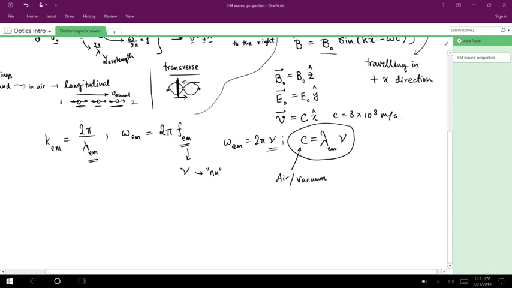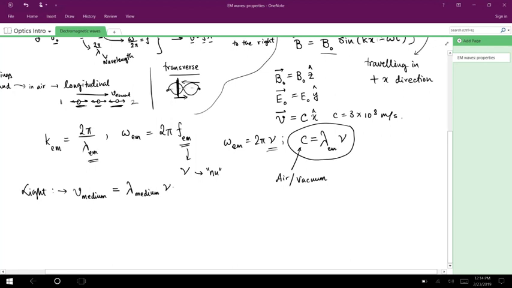And when light slows down, we're going to use a different notation. We're going to say v medium for light, that's the speed of light in a medium. So v medium will then be equal to lambda medium, the wavelength in the medium, multiplied by nu.